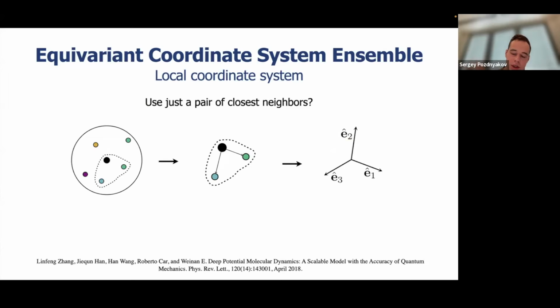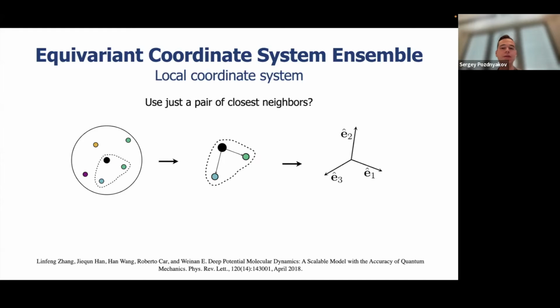So now the question is how do we define such a local coordinate system? At first glance, it is not such a complicated task. For instance, what we can do is just select a pair of neighbors which are the closest to the central atom.